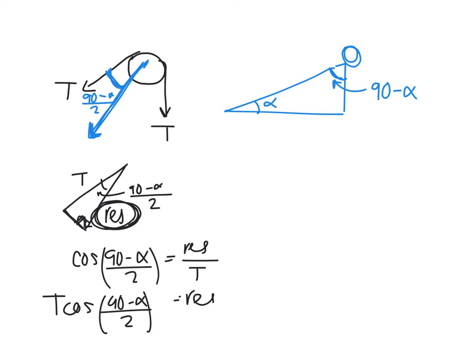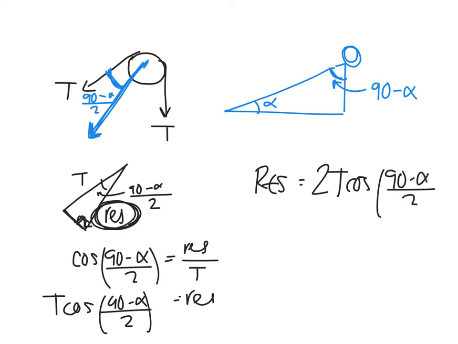Now we've got that for two separate tension forces, so the overall resultant force will equal 2 lots of this, 2t cos 90 minus alpha over 2. I can go out and find out what alpha is. Alpha is 53.13, so on and so forth degrees. Just did that by doing inverse tan, 4/3. And then I can just plug that straight into that equation, and my resultant is 12.4 newtons.